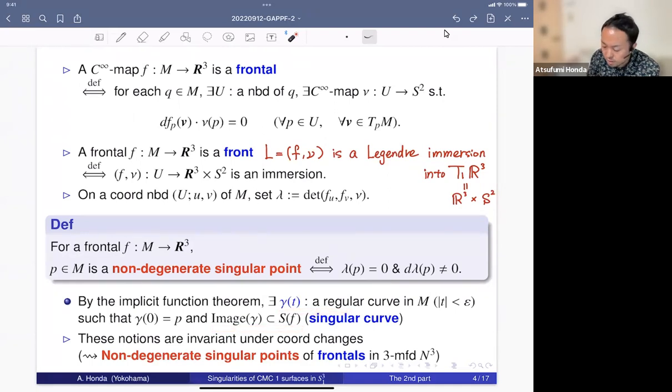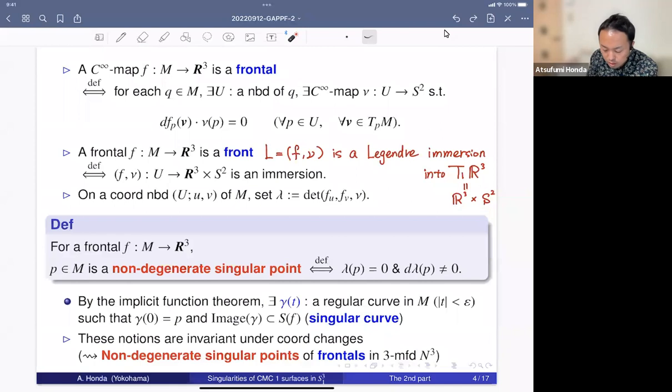Such a curve is said to be a singular curve. It is known that these notions are invariant under coordinate changes, that is, invariant under A-equivalence.